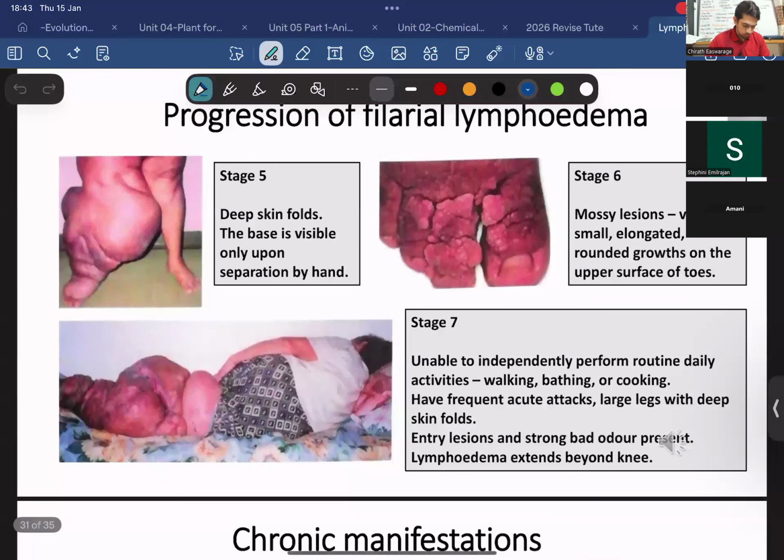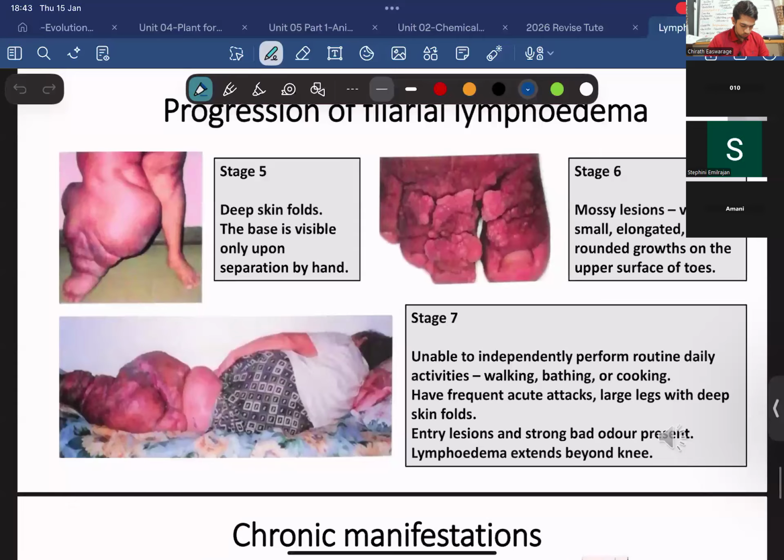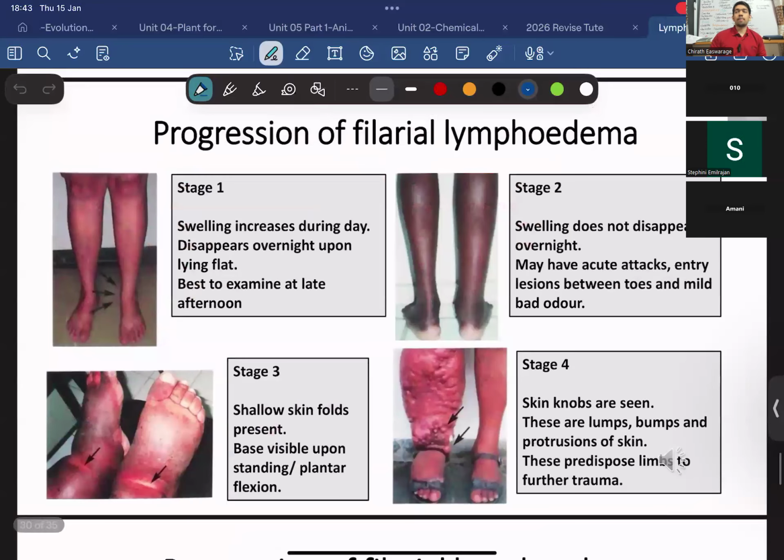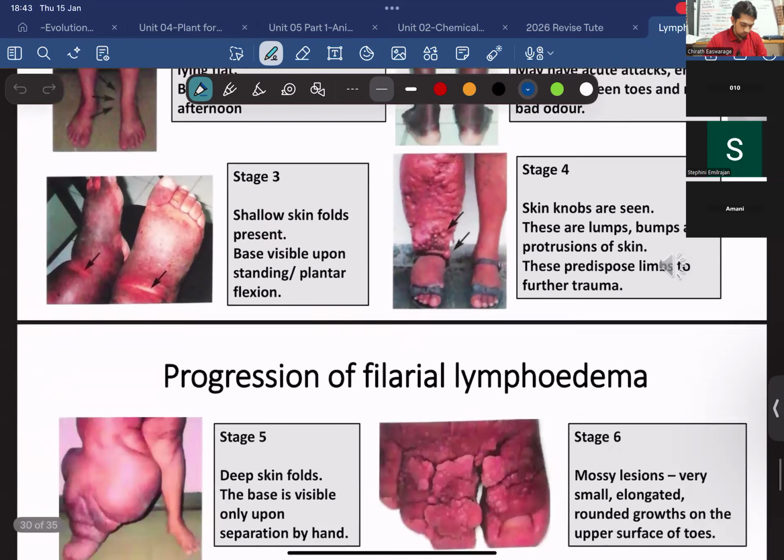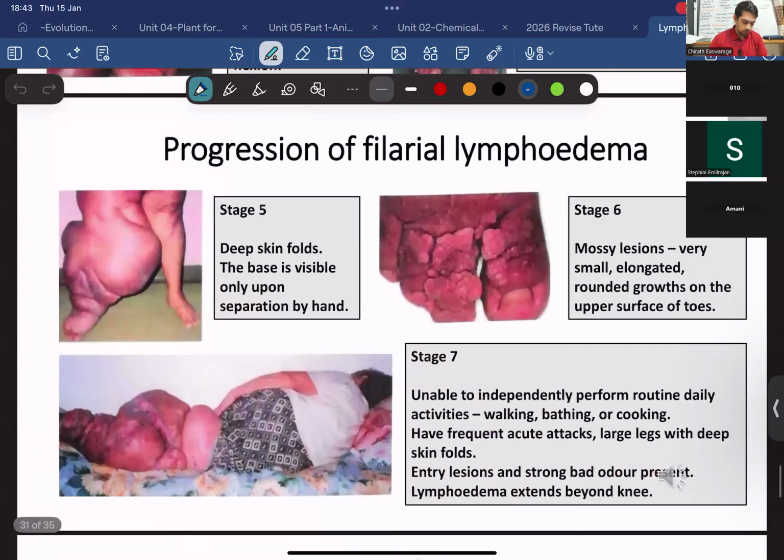What is the parasitic disease, a worm, that is causing lymphedema? Filariasis, leading finally to elephantiasis, the most progressive stage of lymphedema due to filarial infection, the filarial worm.